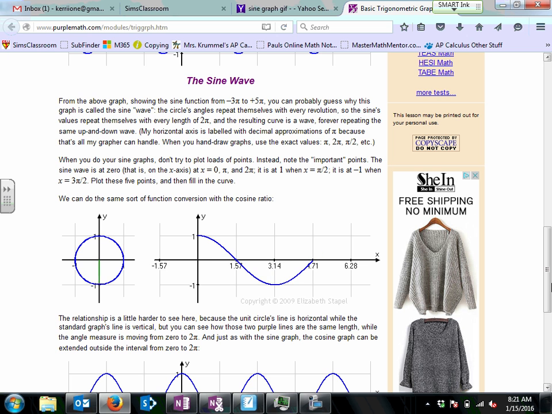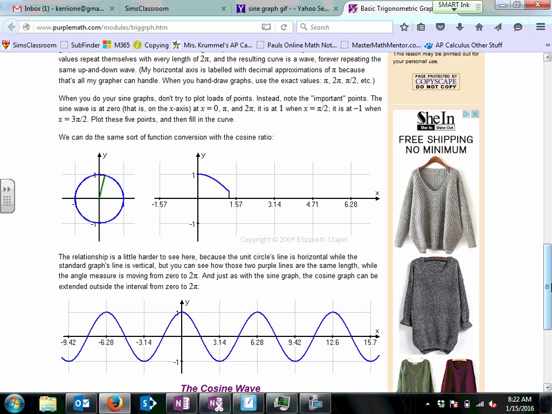This time, the cosine of 0 is 1. Cosine of pi over 2 is 0. The cosine of pi is -1. The cosine of 3 pi over 2 is 0. And then back to the cosine of 2 pi is 1. Just like the sine function, it's going to repeat over and over.